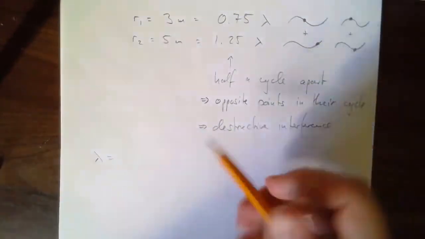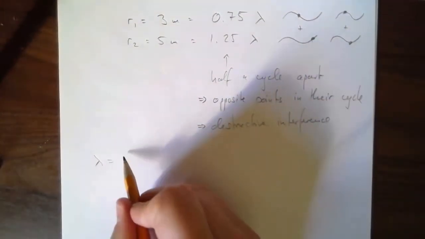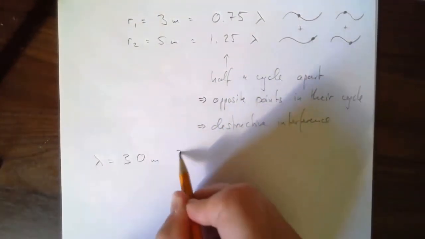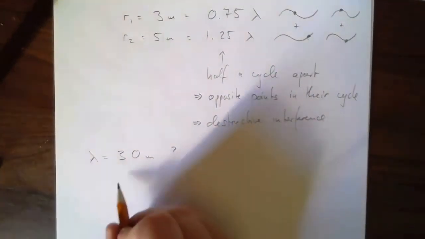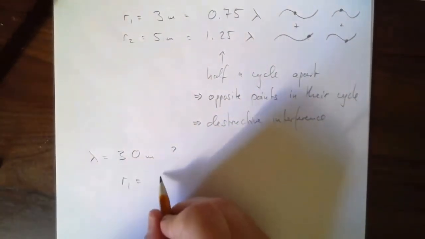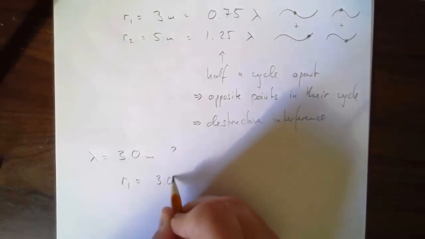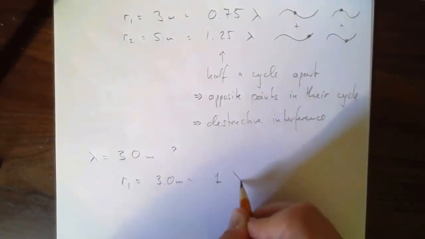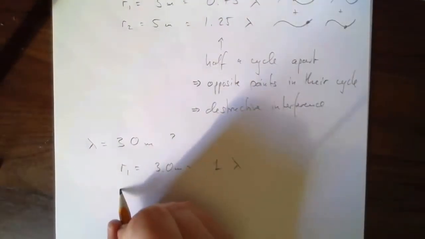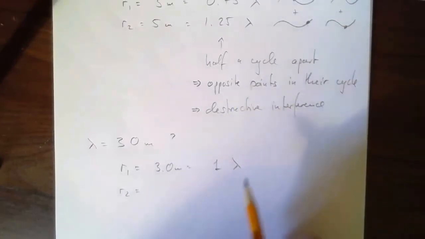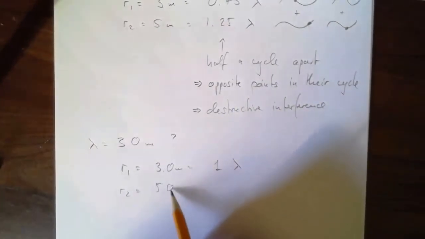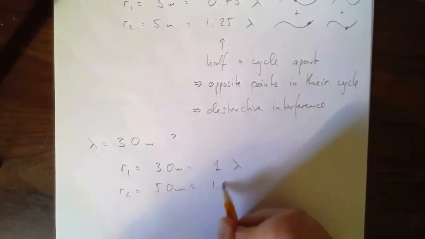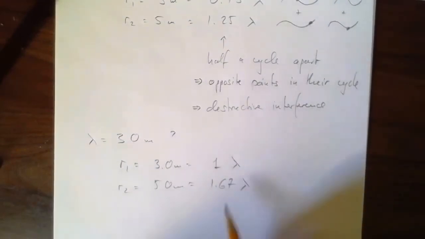What about another one? We're going to stick with point A still. Let's say it's 3 meters. Well, then R1 is 3 meters, which is 1 wavelength. R2 is 5 meters, which is 1.67 wavelengths, or 5/3.